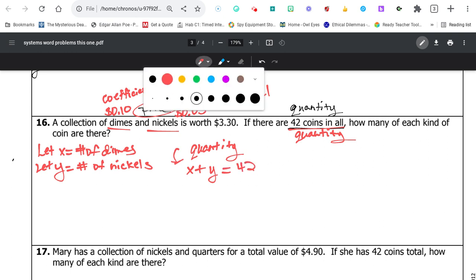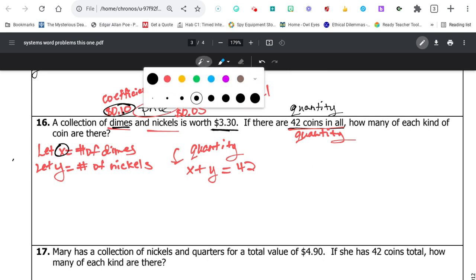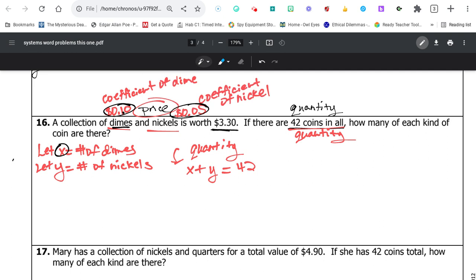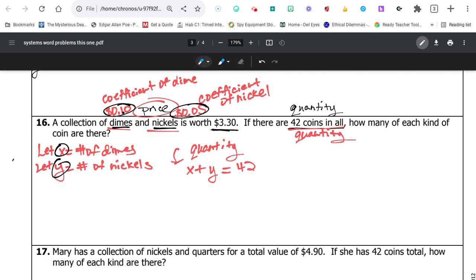And then I'm going to do the price equation. Well, I know altogether the price is $3.30. It's not a price, but that's the value. So 10 cents is going to go with X, my dime, and 5 cents is the nickel, so it's going to go with Y. So let's write these equations. 10 cents X plus 5 cents Y equals $3.30.